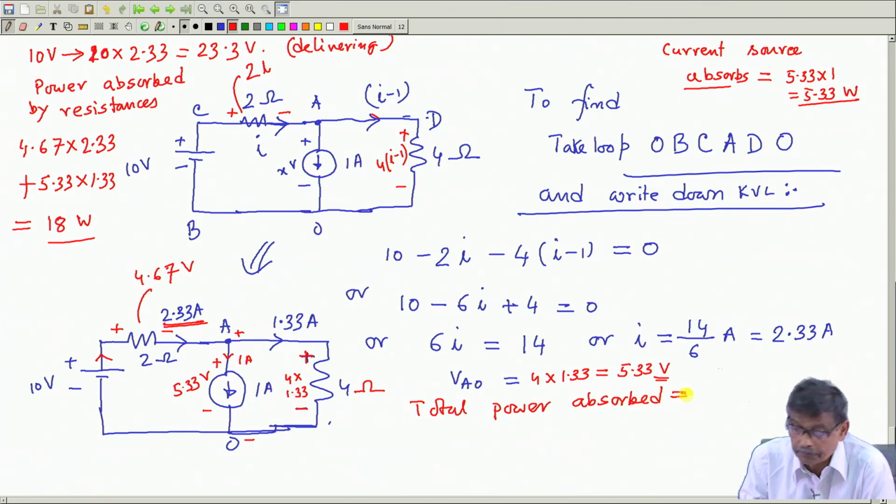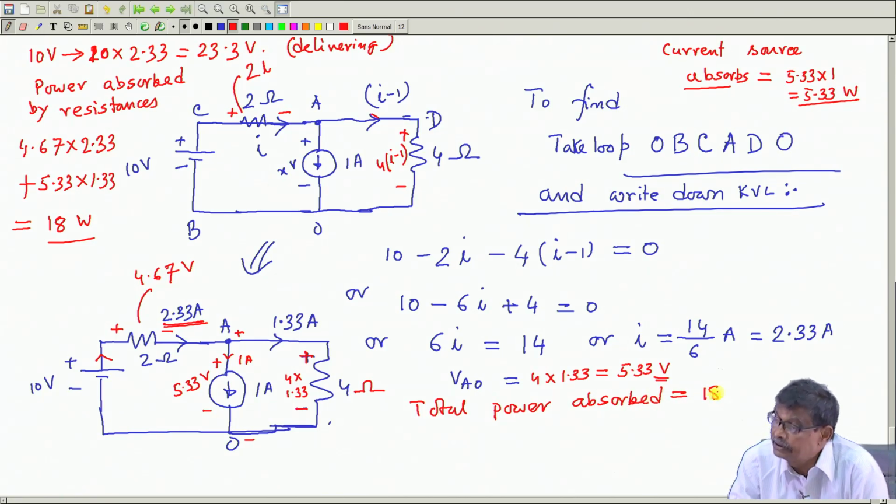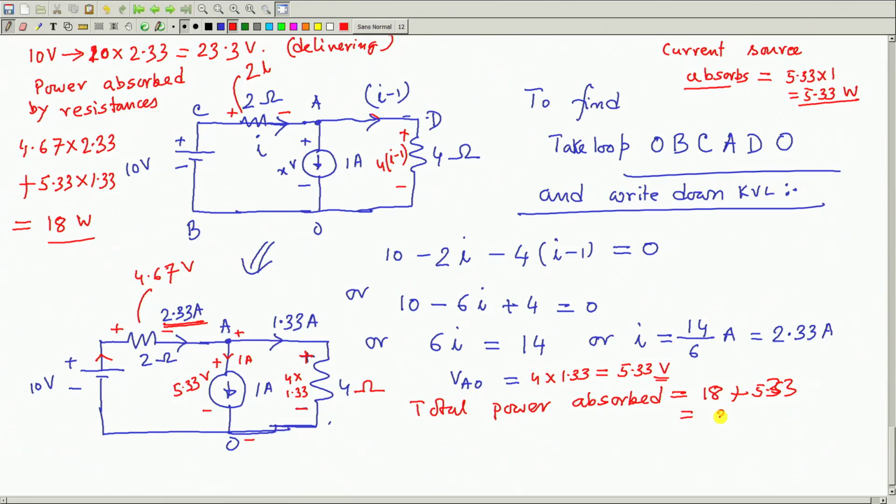Power absorbed by these resistances is 18 watt plus the current source 5.33, which will be equal to 23.33 watts, and power delivered by the source is also 23.33. So, everything is fine in this circuit, got the point.